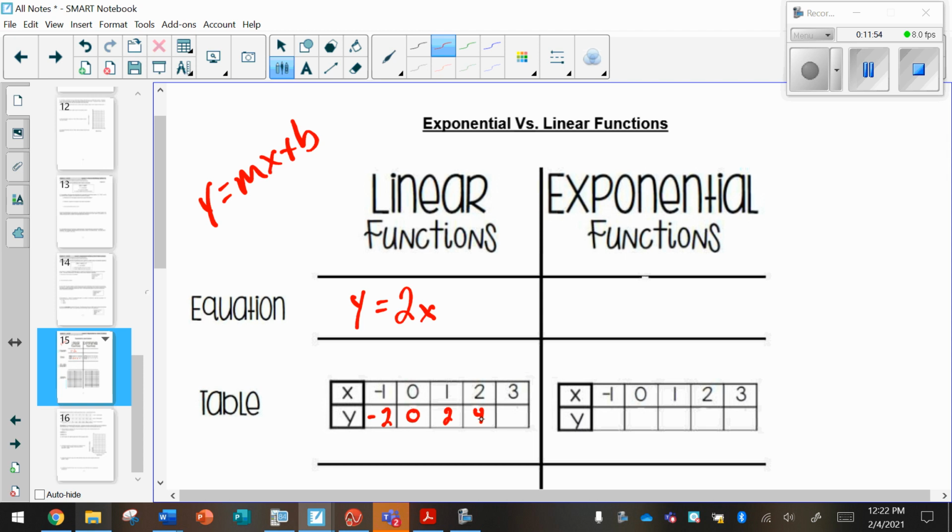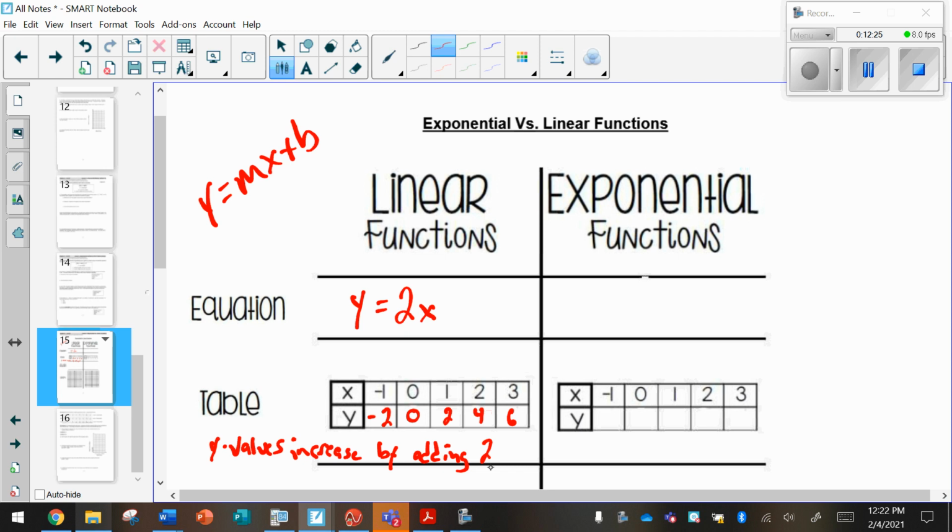And what we're seeing here in the table for a linear function is we are adding the same number over and over and over. Negative 2 plus 2 is 0, plus 2, plus 2, plus 2. So the y values increase by adding 2.